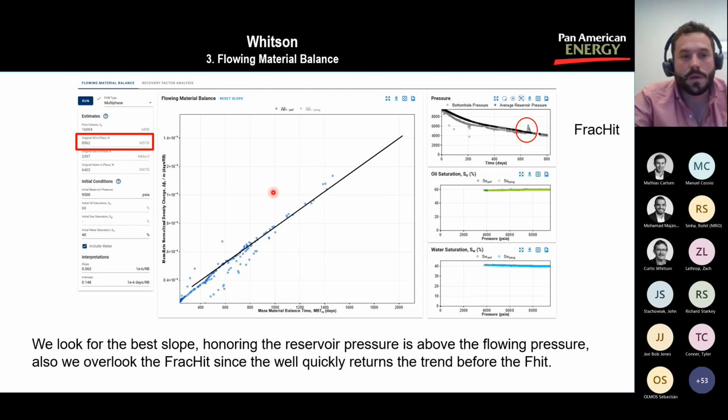Here in the original, we obtain an estimate of original oil in place, and later on we also check that our average pressure is below our flowing pressure. Also here our flowing pressure is above our average pressure, but that's okay because we have an event of a frac hit from another well that was around 800 meters away. But later on the well keeps with the trend quickly, so we overlook that completely.